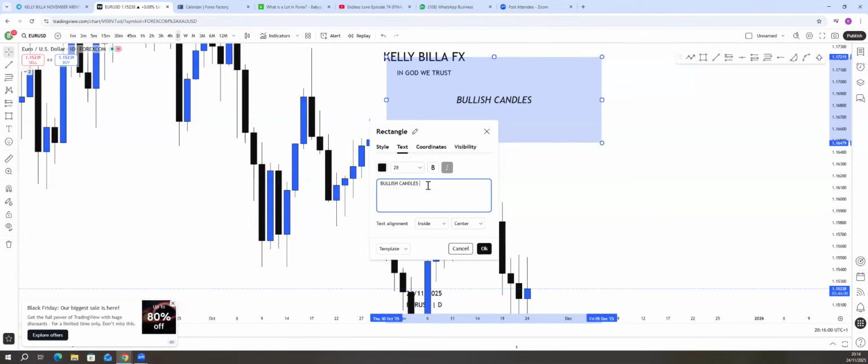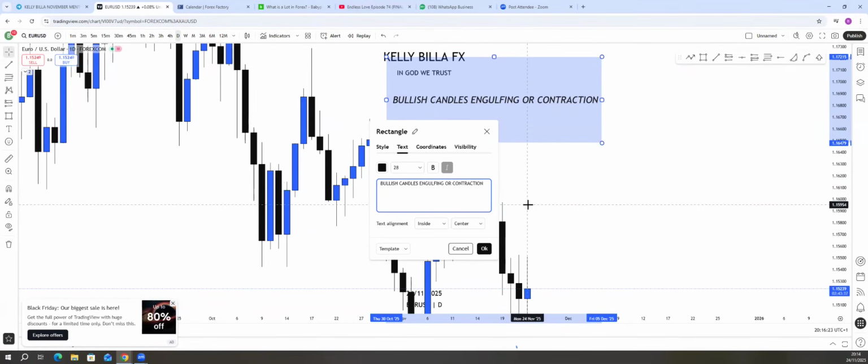Now, on the bullish candles, you could either have an engulfing candle, or a contraction. Either a bullish candle is engulfing or it is contracting.